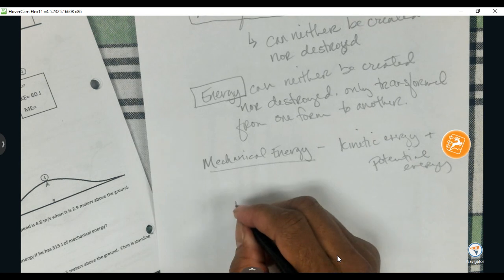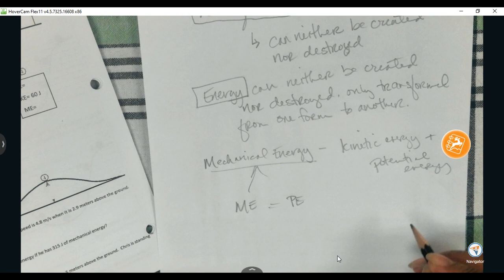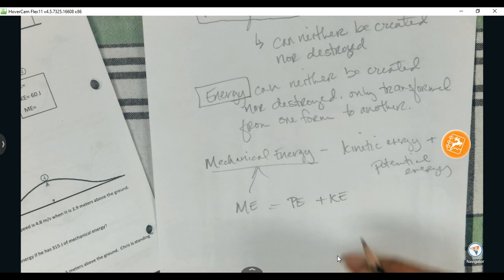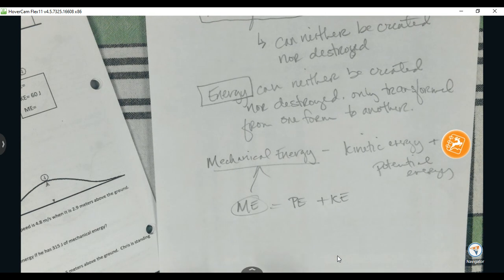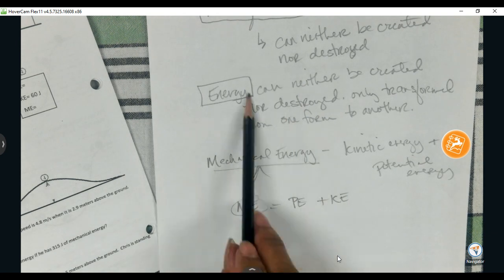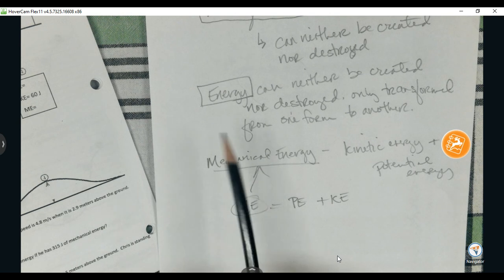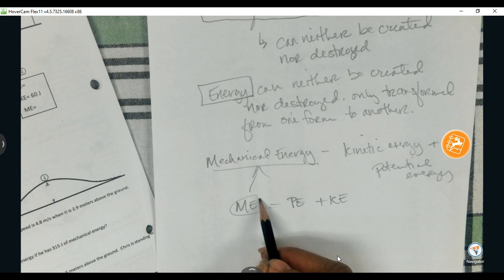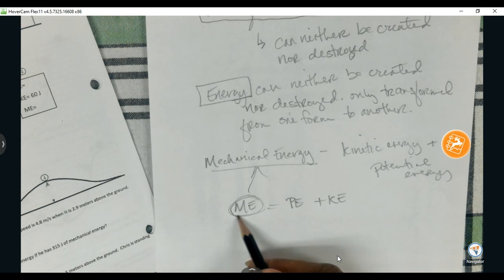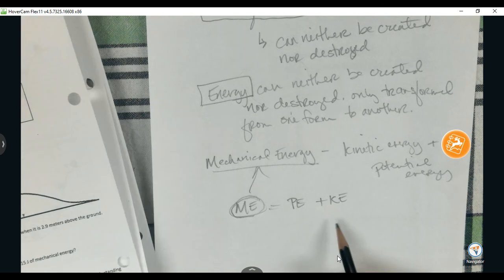So another way to write that is that ME, mechanical energy, is equal to PE plus KE. So the sum of the potential energy and the kinetic energy will equal the mechanical energy. The key to this is, because of the law of conservation of energy, the fact that energy can neither be created nor destroyed, if we neglect air resistance and friction, then in a system, this number will always be the same. That seems abstract, simply written on this page, so let me show you what I mean.